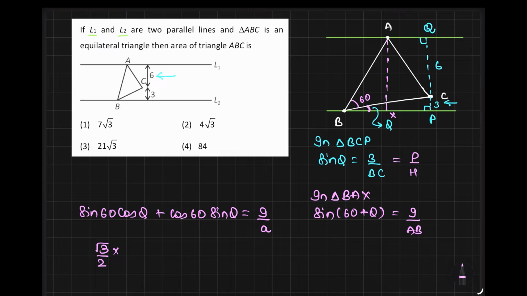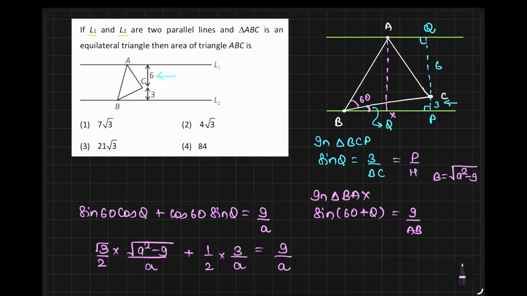So can I say that the base will become root over A square minus 9, that is hypotenuse square minus perpendicular square? So we will have root 3 by 2 times root over A square minus 9 by A, plus cos 60 is 1 by 2, and sine theta is 3 by A.